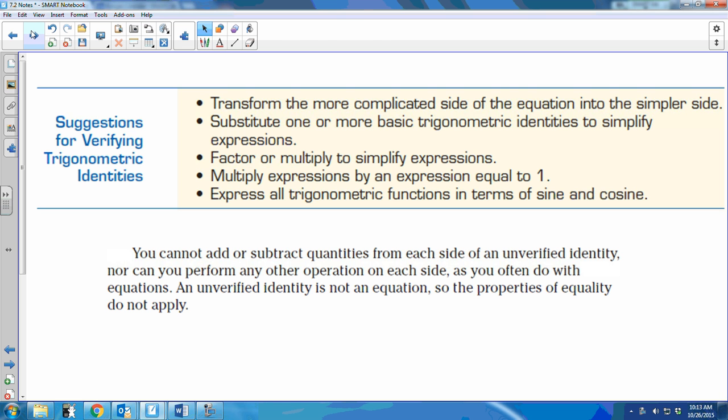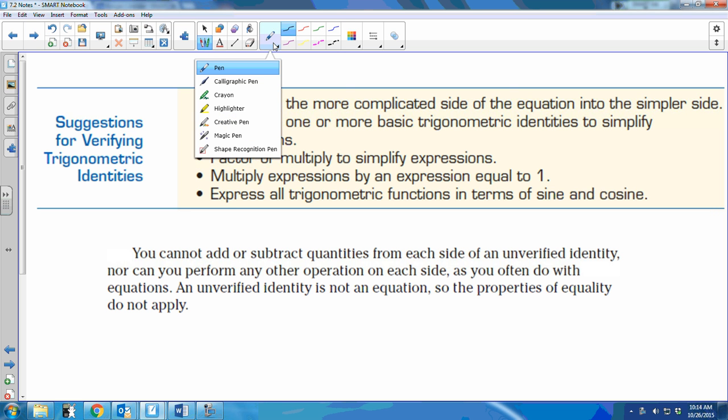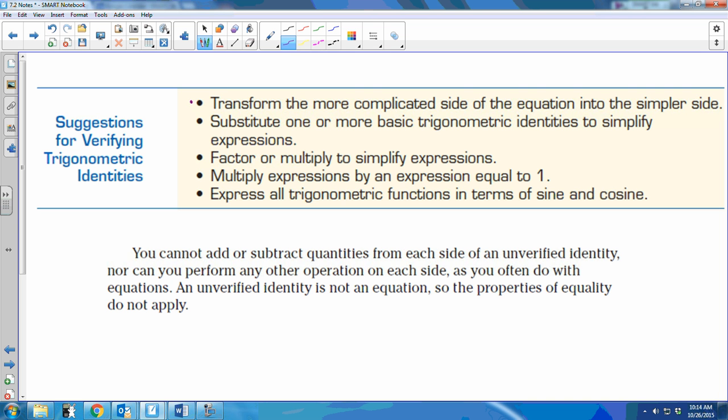So we talked about a lot of tips you could use. We could transform the more complicated side. We could substitute identities to simplify expressions. We did that in learning target 3. If you see tangent, you change it to sine over cosine. We're just substituting things that we know are equivalent. We might need to factor or multiply to simplify expressions.